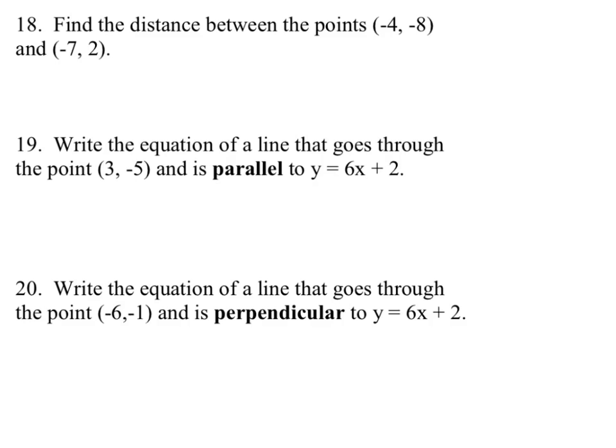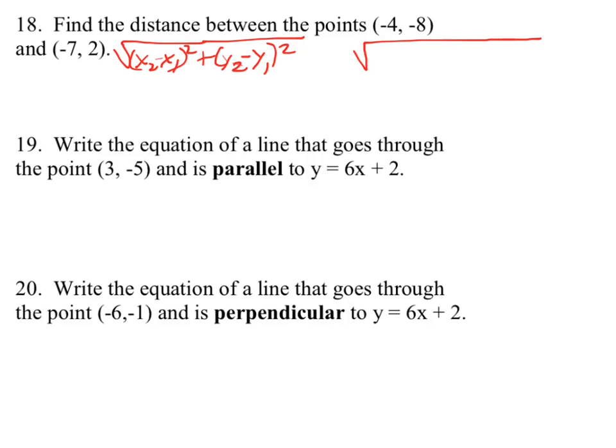18, we find the distance between those 2 points. Remember that the distance formula is that you have to subtract the x's and square that. And then you're going to subtract the y's and square that. And that'll give you the distance. And so I'm going to subtract the x's. That's -7 minus -4.